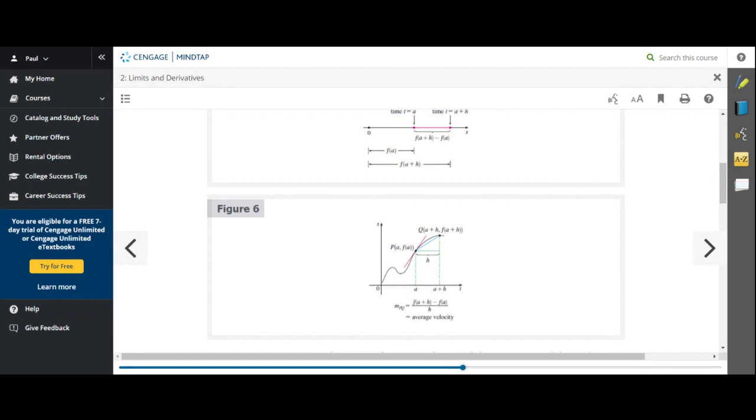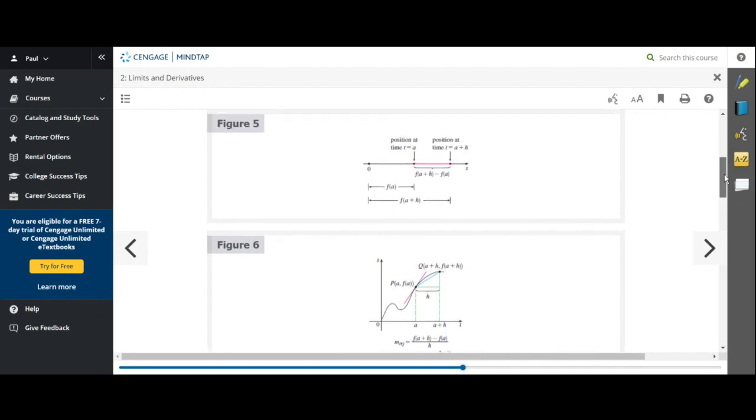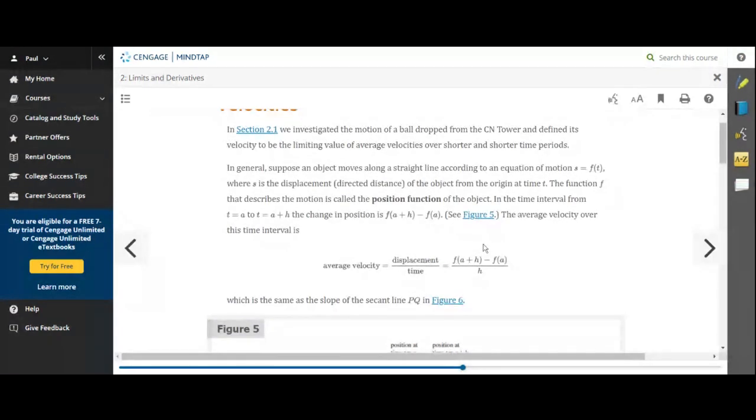Well, I want to be clear. If we want the instantaneous velocity at time equals a, that instantaneous velocity would be found by letting h go to 0. Because the way the average velocity is defined is basically the quotient that's involved in a derivative.